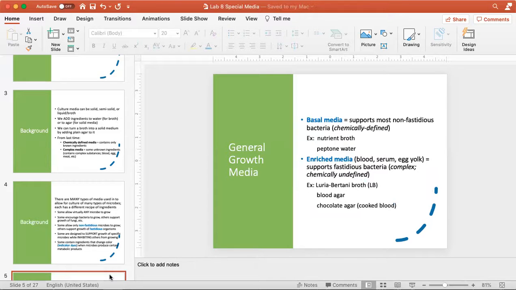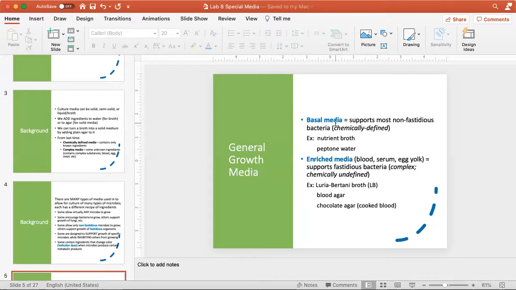So let's go through these categories of media. Now, I do want to note that a couple of them go by different names, which can be a little challenging for us, but I'll try to mention all of the different names that they go by. So, a basal media is a media that supports the growth of most non-fastidious bacteria.